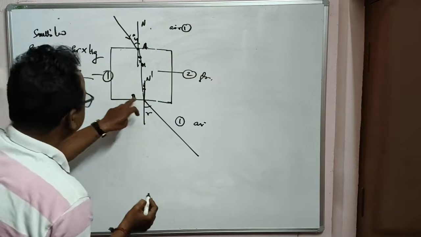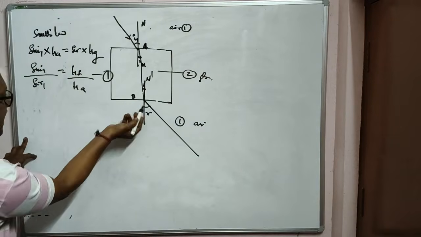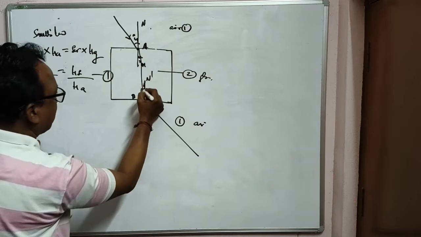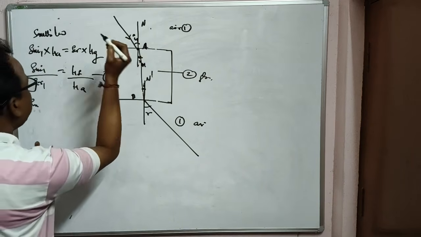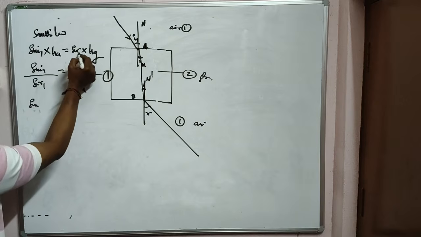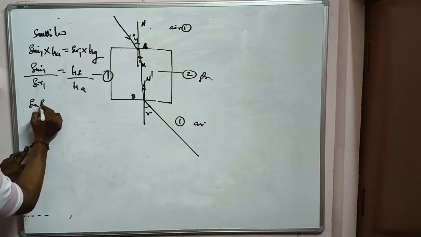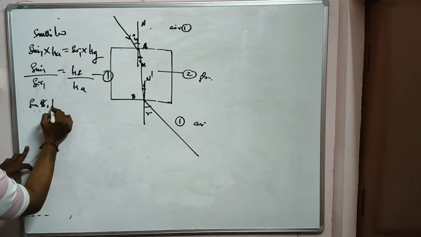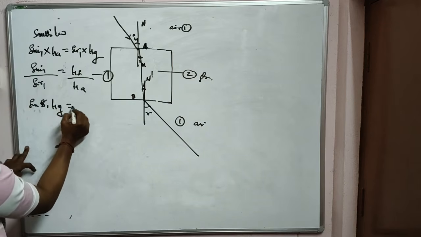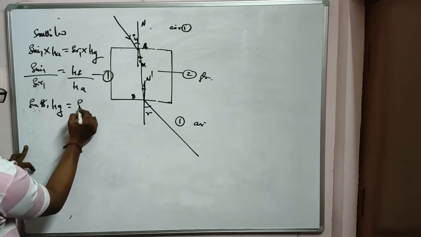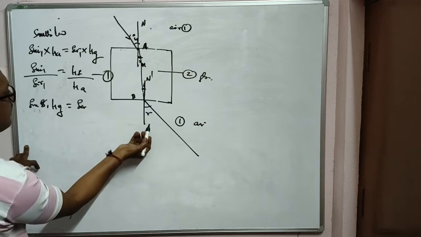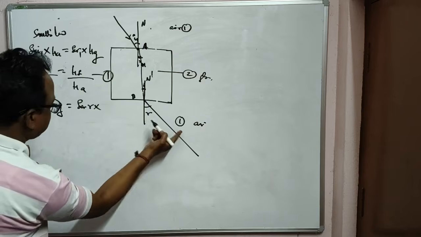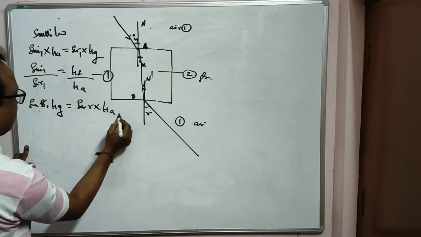Now apply here at B, again Snell's law. So sine of angle of incidence. Just now I told you this angle is equal to this angle. What is this one? r1, isn't it? r1. So sine r1 into the refractive index of this medium, that is glass, is equal to sine of refraction angle, let it be somewhere r, into the refractive index of this medium, that is air.